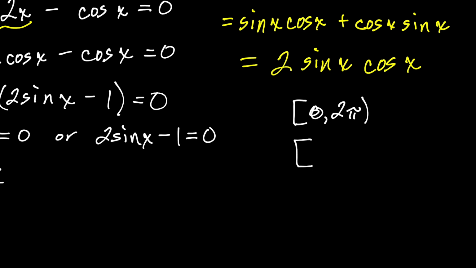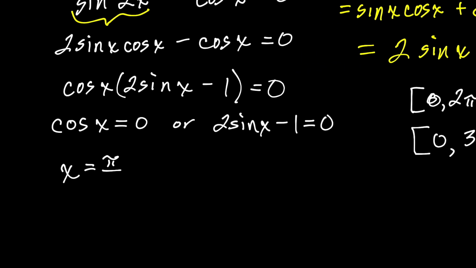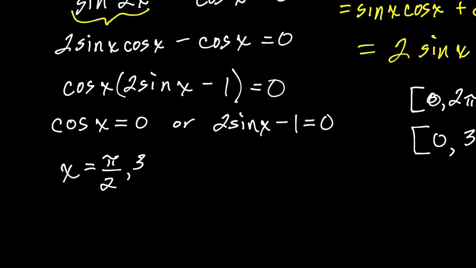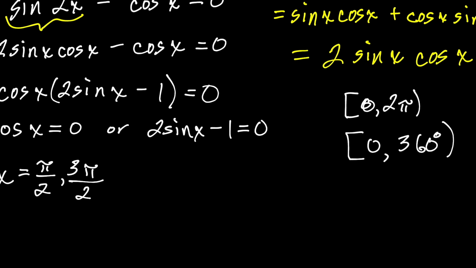This also you might see as 0 to 360 degrees, but they essentially mean the same thing. So pi halves, and the cosine is 0 also at 3 pi over 2. And then every pi thereafter. If I kept adding 2k pi to each of these, I could generate an infinite number of answers. But we're just going to go with the ones that are in our typical range here.